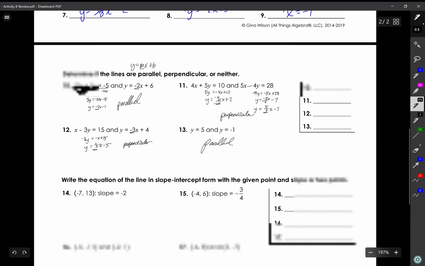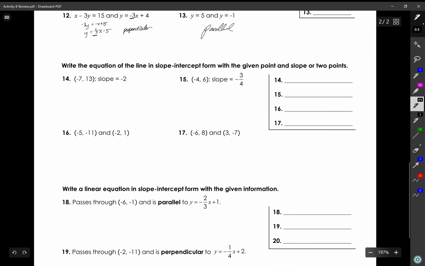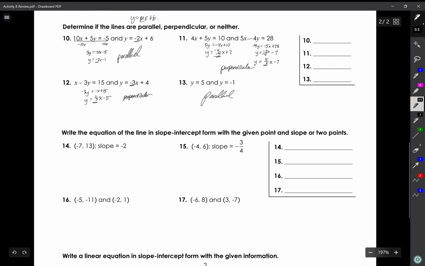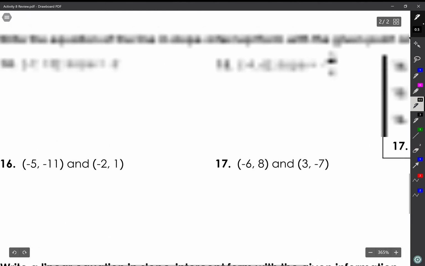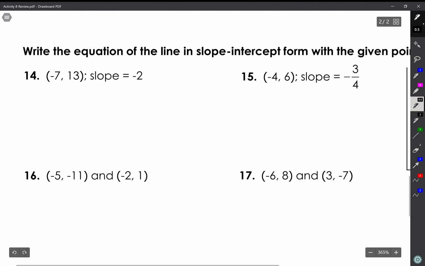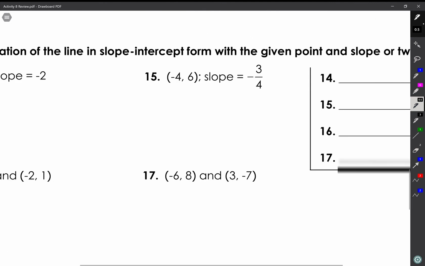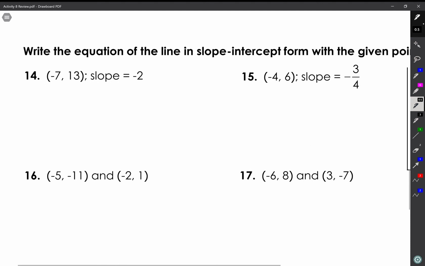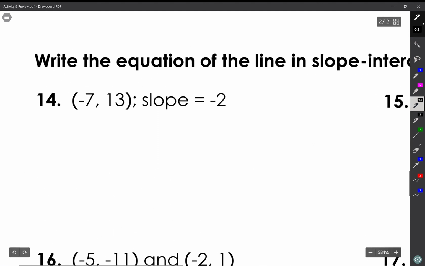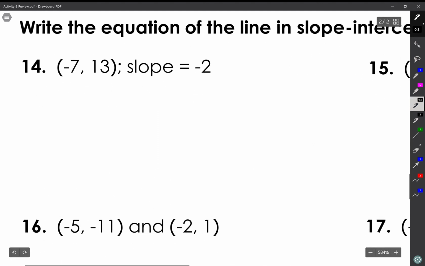Okay, awesome. Now for 14 through 17, what we want to do is write the equation of the line in slope-intercept form with a given slope and point, or 2 points. If I have my slope and I have my point, all I need to do really now is solve for b in slope-intercept form.